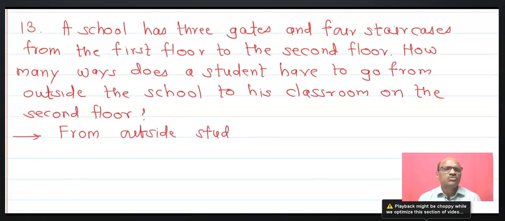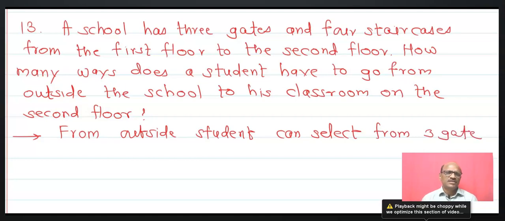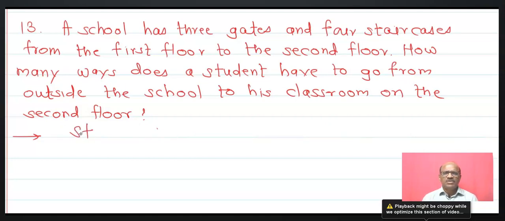Now the school has 3 gates, therefore the number of ways of entering the gates is 3. And to go to the second floor, there are 4 staircases, and the student can select any of the 4 staircases. Therefore the number of ways will be 3 into 4, and that is equals to 12.